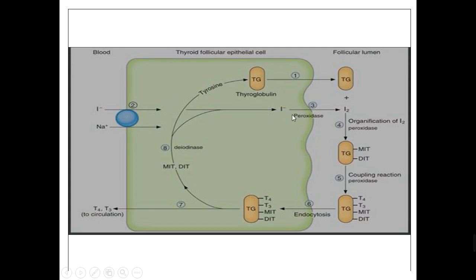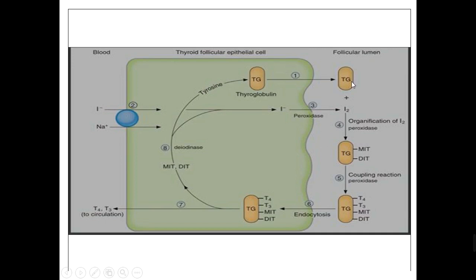The iodine will pass through the effect of peroxidase enzyme into the iodide. Iodide will complex with the thyroglobulin under the effect of organification by the peroxidase enzyme. So the monoiodo and the diiodotyrosine will be produced and they are attached to the thyroglobulin.